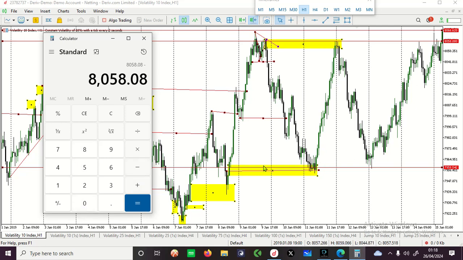The TP value is 7958.542, which is 9.953, multiplied by the default lot size, which is 0.5. We have 49.